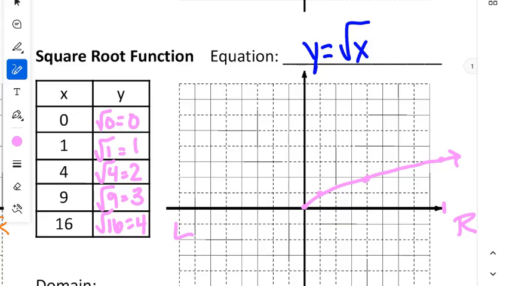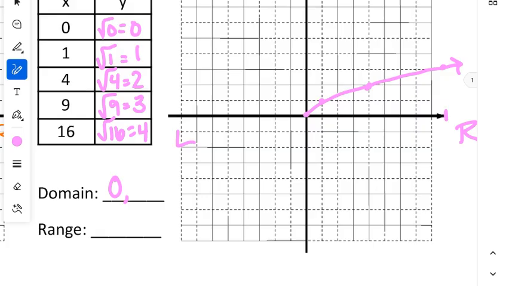It doesn't have an arrow going to the left. Where does it start? 0. But then it has an arrow going to the right. Positive infinity. Bracket on 0. Okay, range bottom to top. 0. Yeah, 0 to infinity. It's going to go on and on.